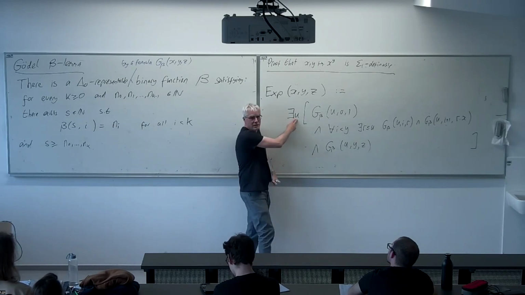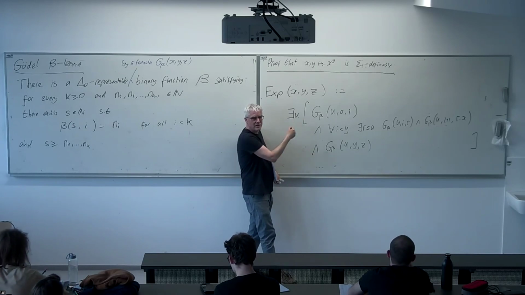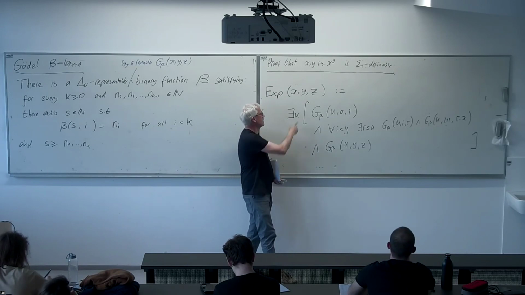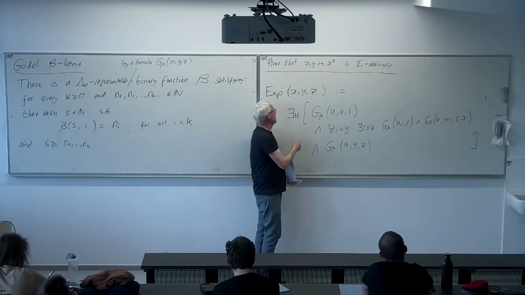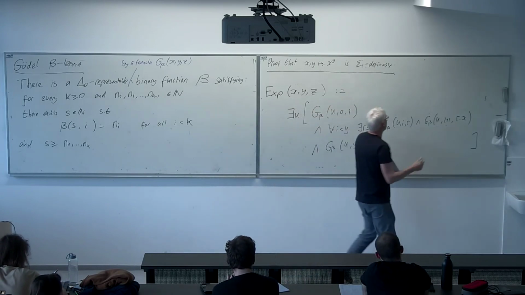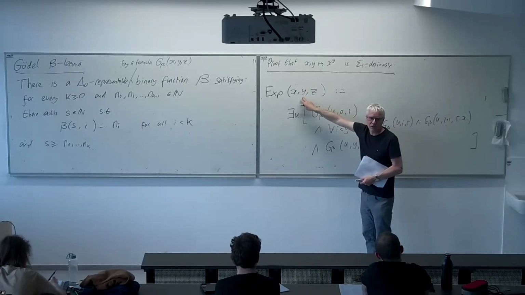So U is going to be the code for the sequence of numbers that is of length Y plus 1, sorry, not Z plus 1.